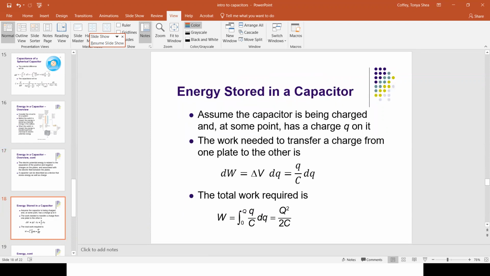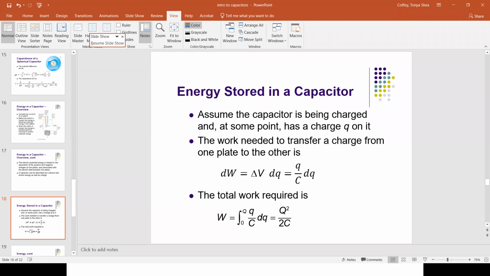So let's figure out how we're going to write an expression for how much potential energy can be stored in the capacitor. Now let's remember that the magnitude of the work done is going to equal the magnitude of the potential energy. So let's imagine what we're going to do is some work by transferring a charge from one plate to another by walking around our circuit, right?